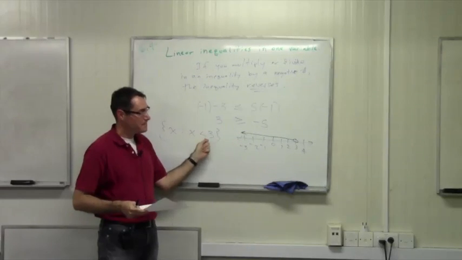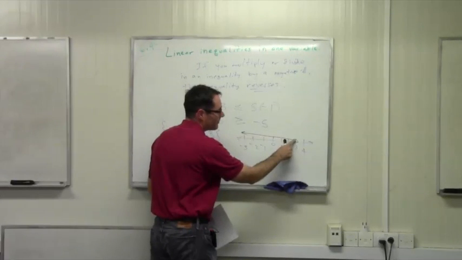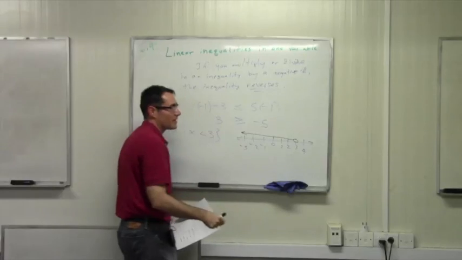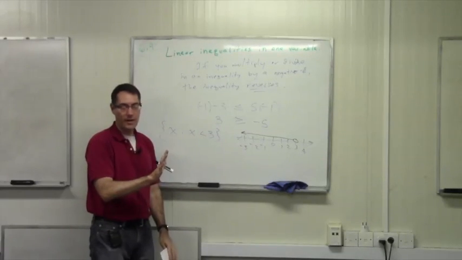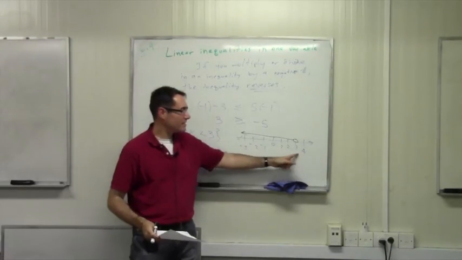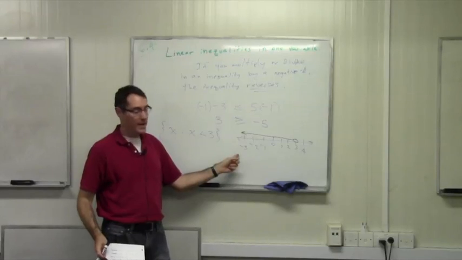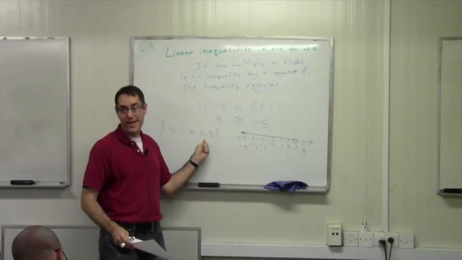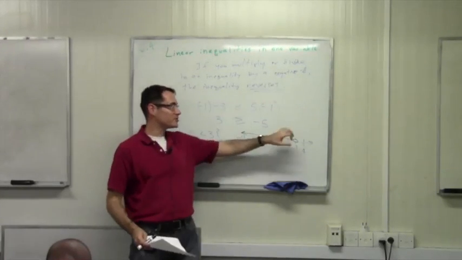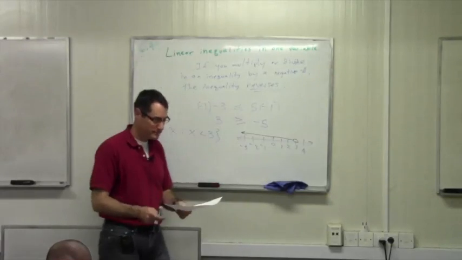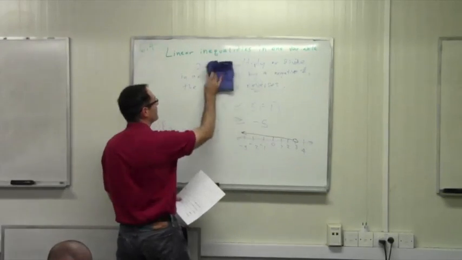Not less than or equal to 3. Less than 3. Now notice something. See how I put a little circle here on 3, and it's an open circle? That means that it's less than 3, not less than or equal to 3. If it's going to be less than or equal to 3, we would fill in that circle. Let me show you another one.